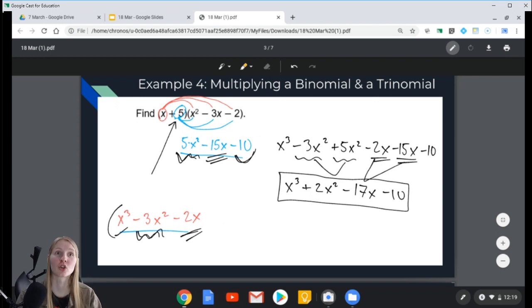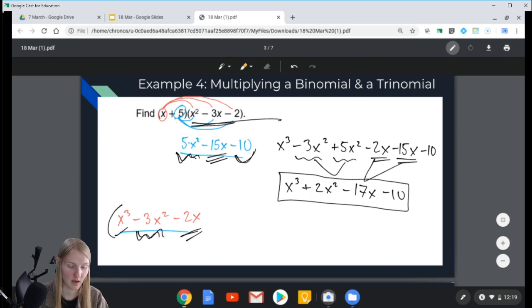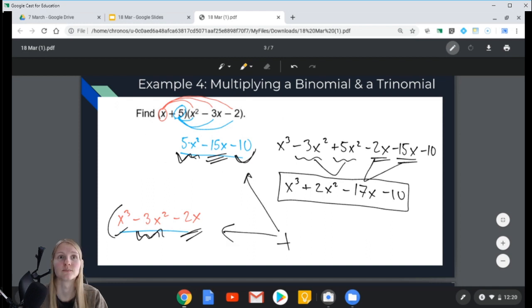I take the second term in the binomial and I multiply it to everything in the trinomial. That gives me my blue stuff. Then I take the red stuff and the blue stuff and I combine them. I put them together, and that is what gave me all of this.